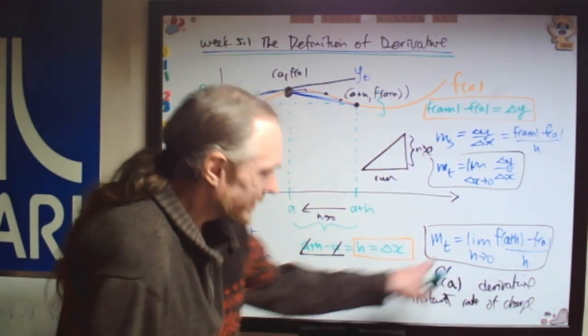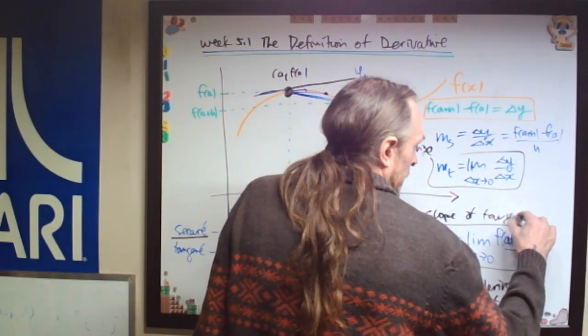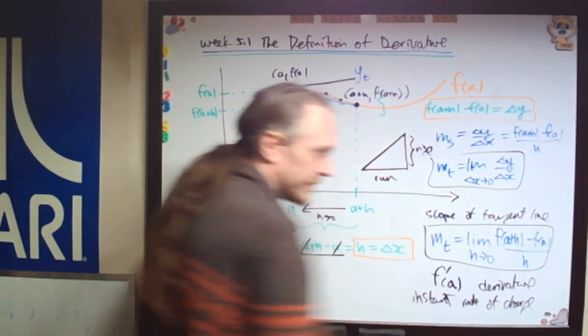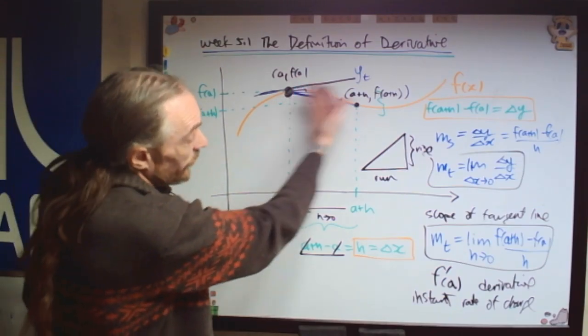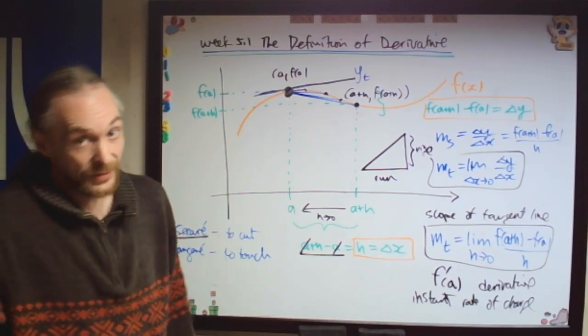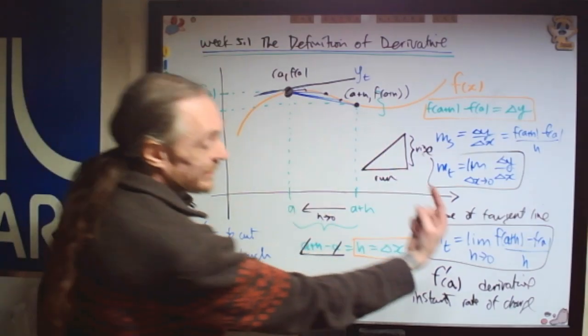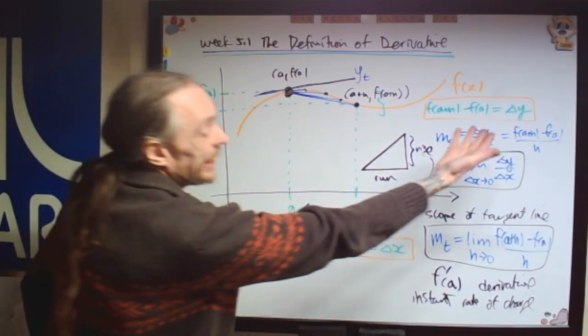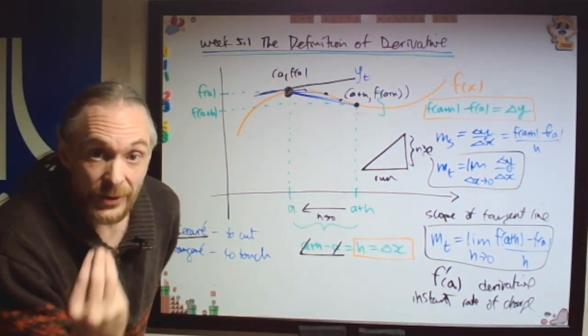The slope of the tangent line. That's three things, but they're all the same thing. The slope of the tangent line, the slope, not the whole line. We'll describe that in a second. That's the linear approximation, and differentials is what they're going to talk about with the entire equation. But the slope of that tangent line, of that limiting process of the secant lines, is the instantaneous rate of change of the function.